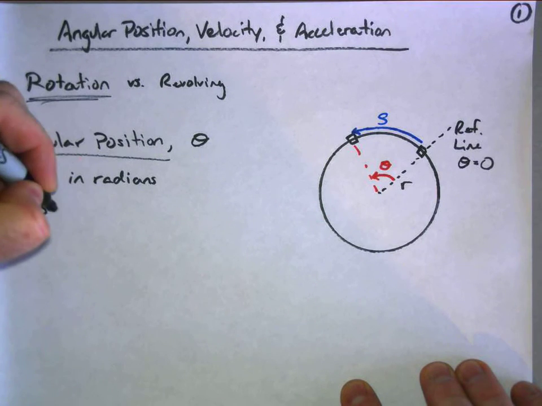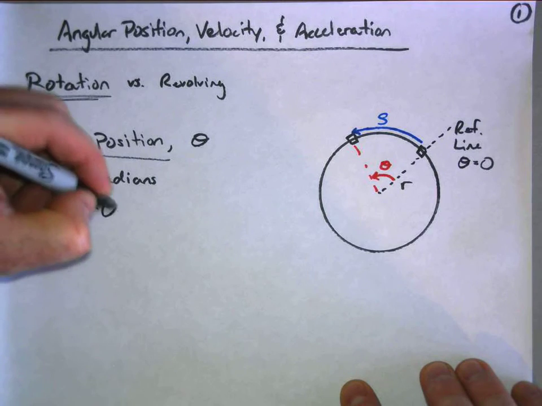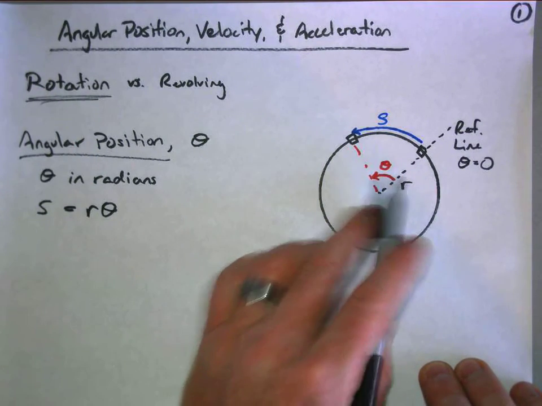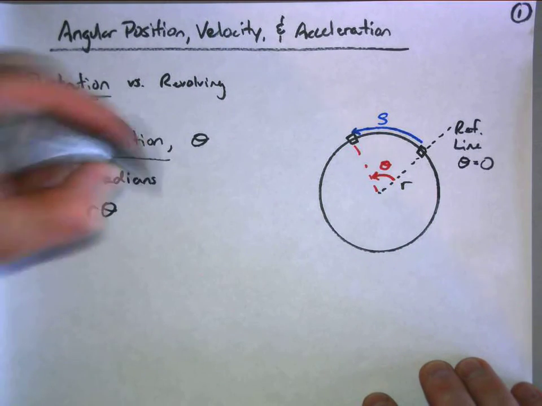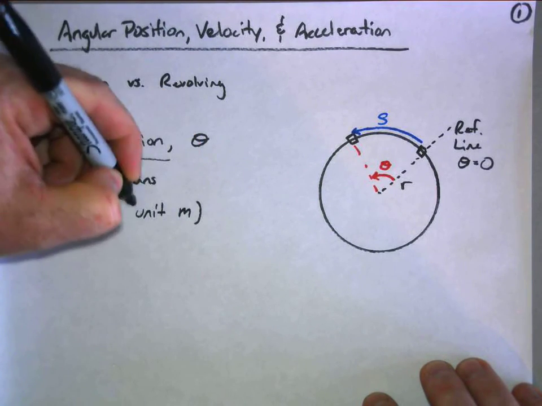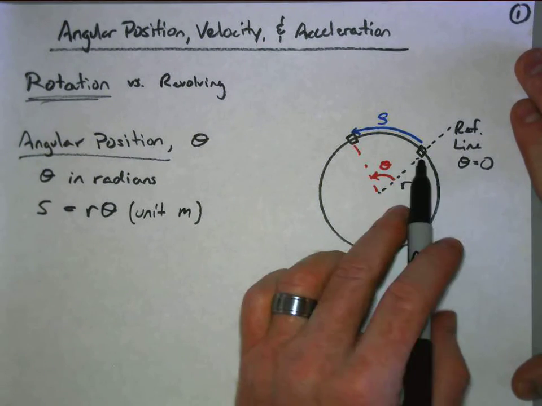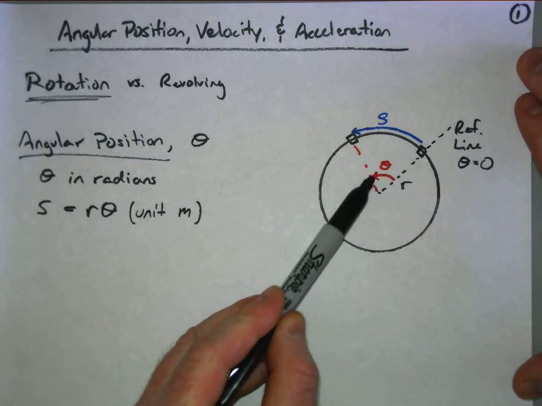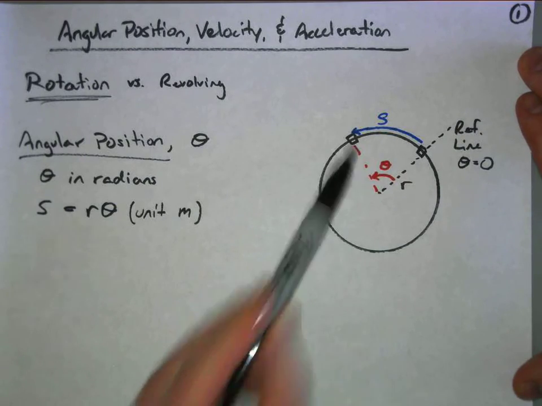Then the arc length S is simply going to be equal to the radius of the circle times the angular change measured in radians. And the arc length S will have units of meters. And so we changed position from here to here, and it rotated through a certain angle measured in radians, but it traveled through an arc length S measured in meters.